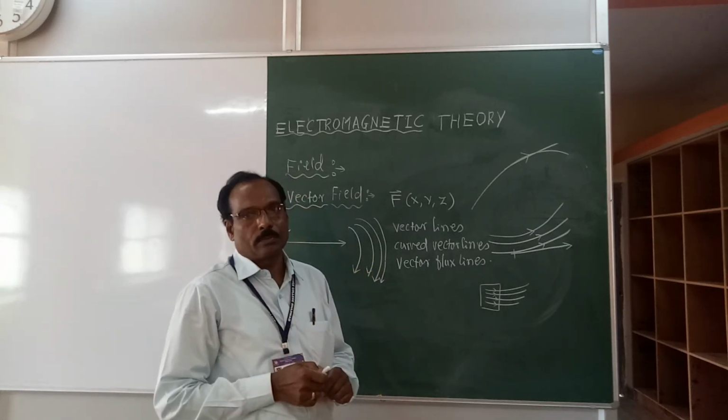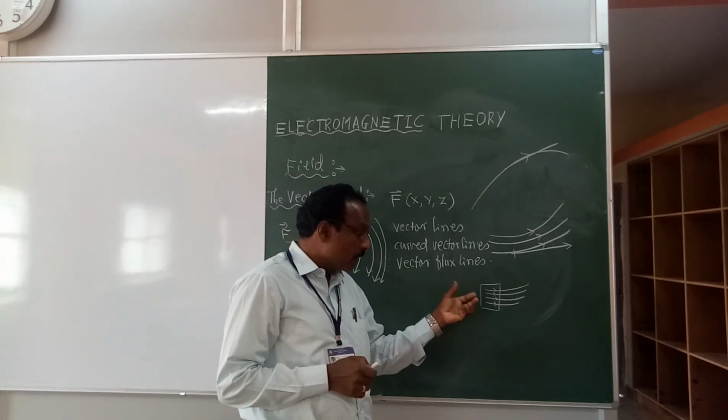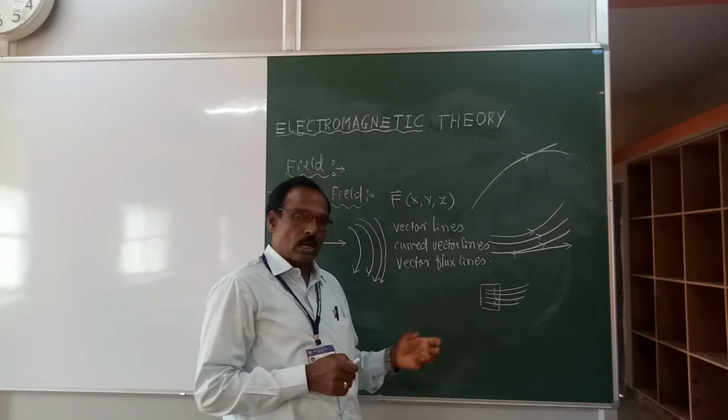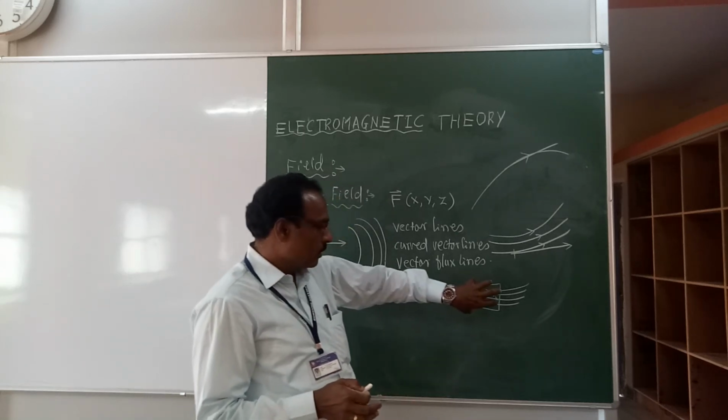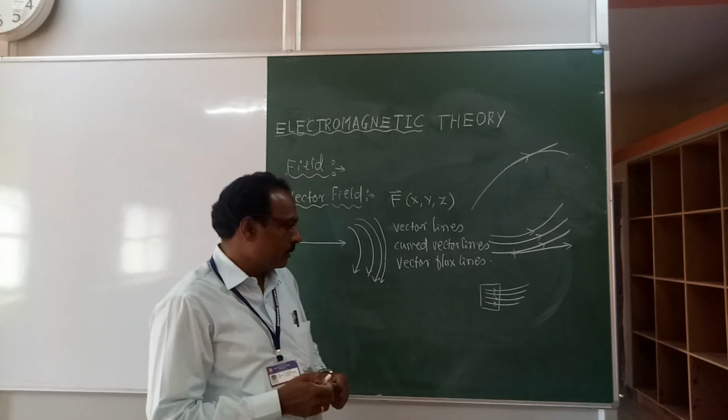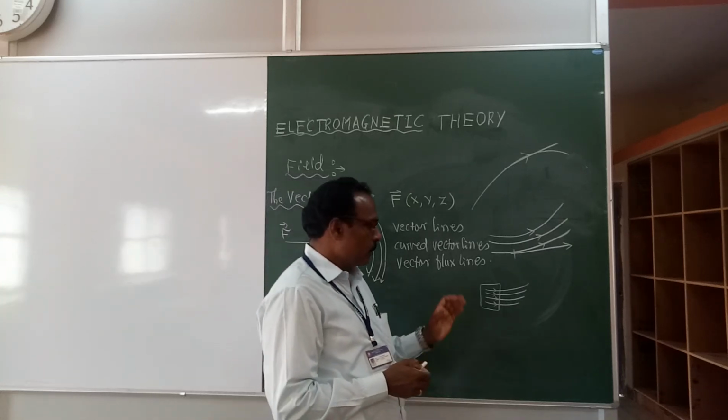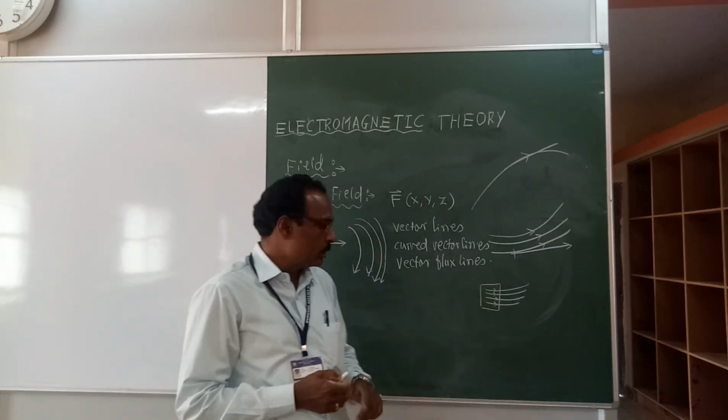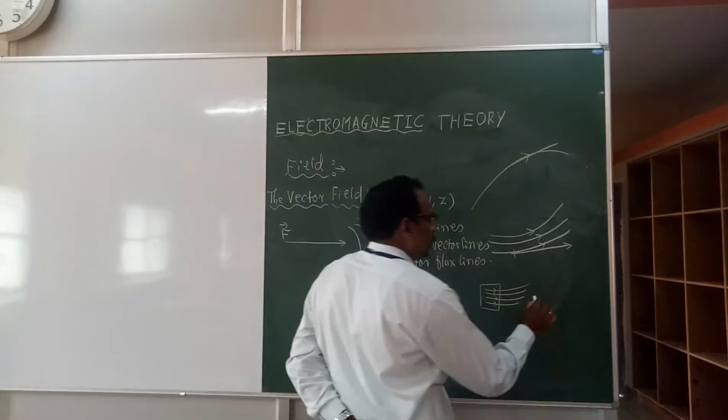Draw a surface, and the number of vector lines or flux lines crossing that surface element per unit area perpendicular to the direction gives us the magnitude.